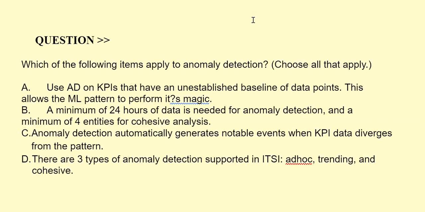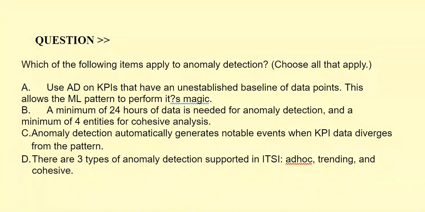Our next question is, which of the following items apply to anomaly detection? Choose all that apply. Option A. Use AD on KPIs that have an unestablished baseline of data points. This allows the ML pattern to perform its magic. Option B, a minimum 24 hours of data is needed for anomaly detection and a minimum of 4 entities for cohesive analysis.